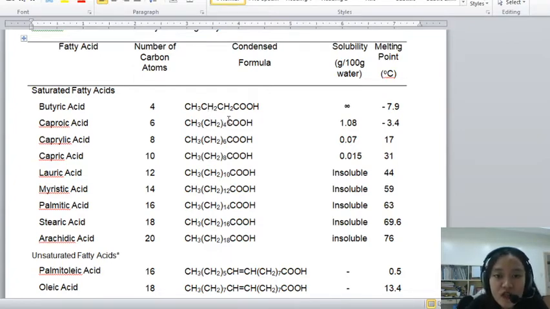Meaning, you have a total of 1, 2, 3, 4, 5, 6 carbon atoms. So itong number outside your parenthesis, this represents the total number of the carbons found inside the parenthesis.